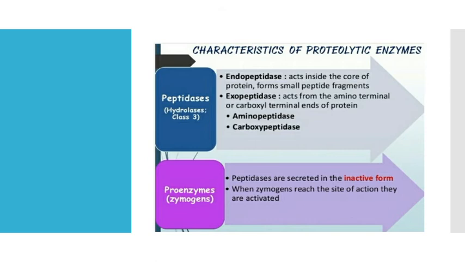Exopeptidase acts from the amino terminal or carboxyl terminal end of the protein: aminopeptidase and carboxypeptidase. Proenzymes or zymogens are secreted in the inactive form. When zymogens reach the site of action, they are activated.